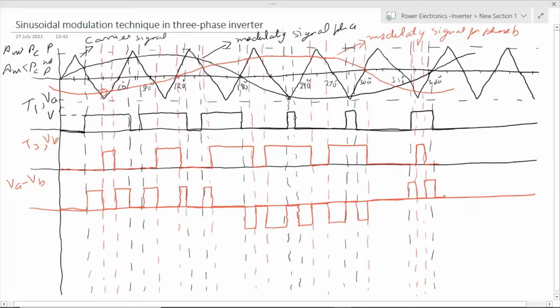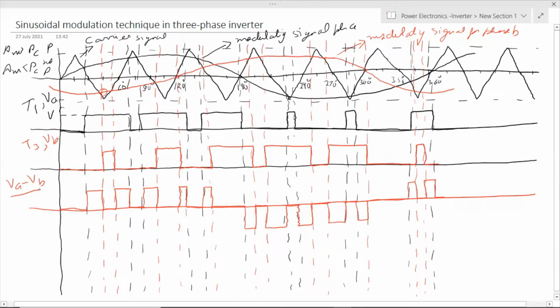So we can see here the VA minus VB. If you do the Fourier analysis, you will see that it has quite less harmonics compared to the 180-degree or 120-degree conduction mode.